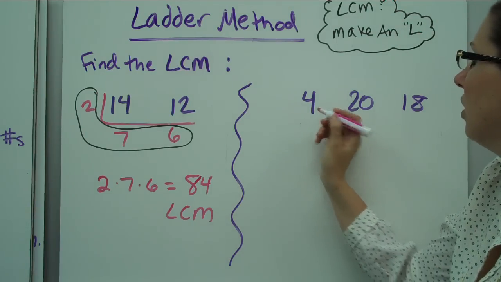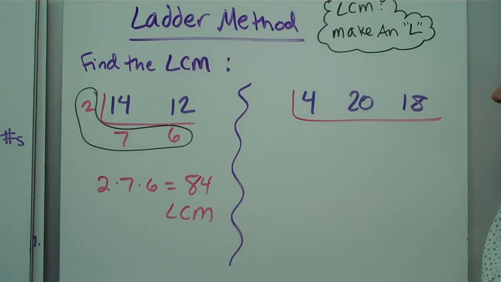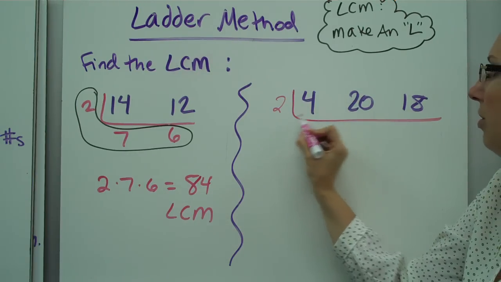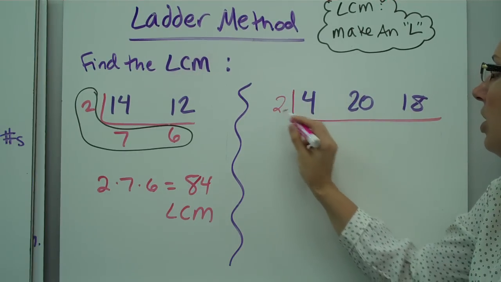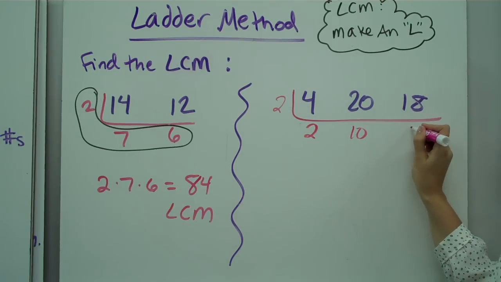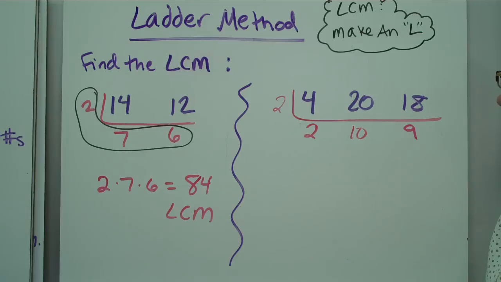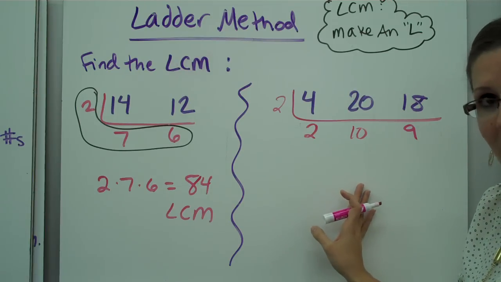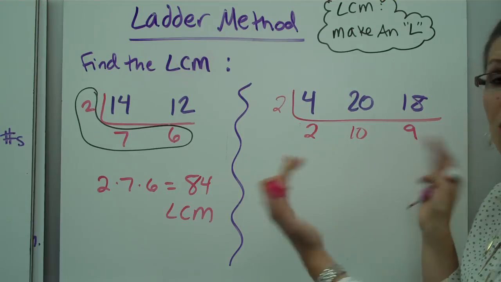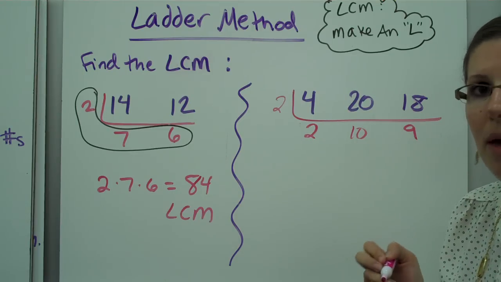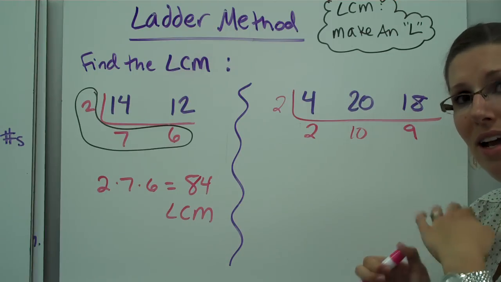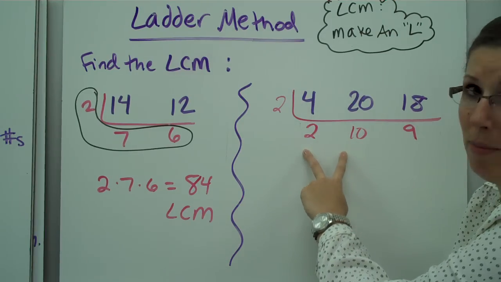So I've got 4, 20, and 18. They're all even, so I know 2 will go into all numbers. 2 goes into 4 twice, 2 goes into 20 10 times, 2 goes into 18 9 times. Okay, looking at what's left, each number as a trio, they're relatively prime because 9 is odd and I can't divide 2 into 9 like I can these 2 numbers.